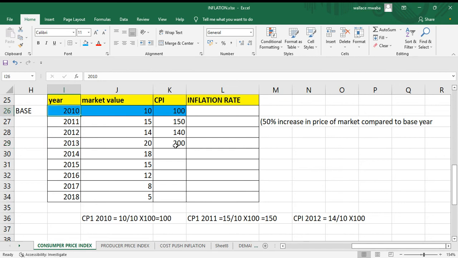How did I know there's a 100% increase? We say 200 minus 100, 100% increase. You subtract everything to get the percent increment.